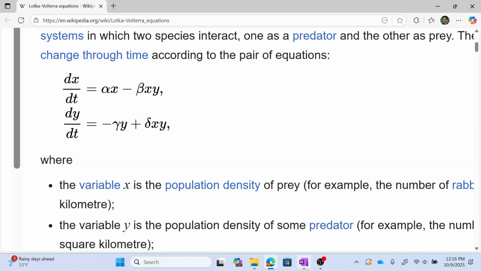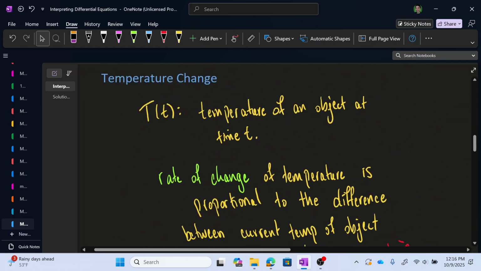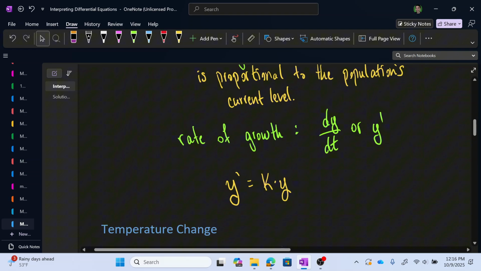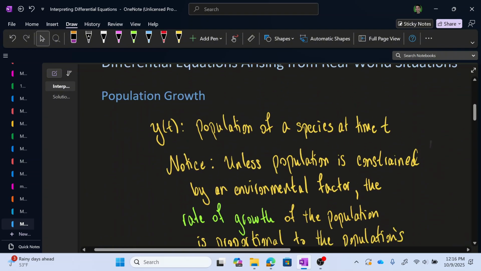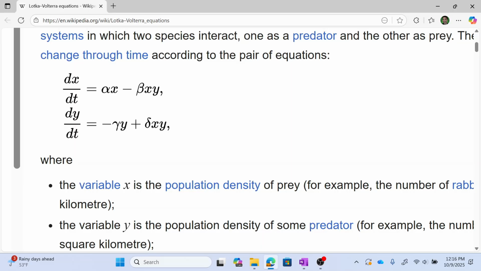So this is exactly the same as what we wrote down earlier when we were deriving this differential equation for population change. The rate of change of the population is proportional to what you currently have. That's what's happening right here in this first term. A number times your current population.